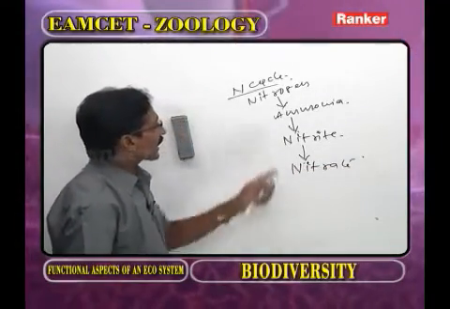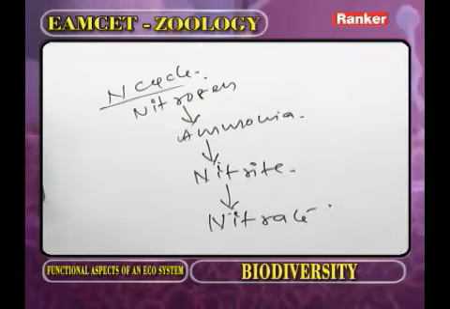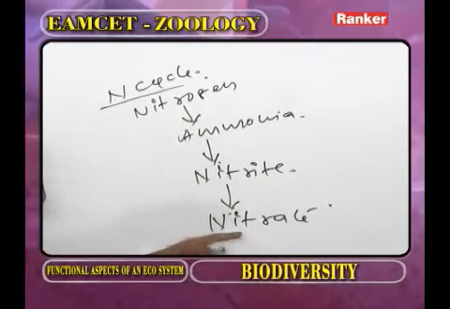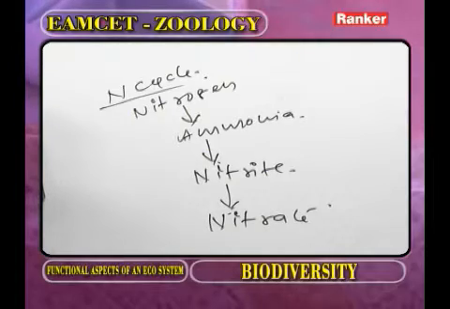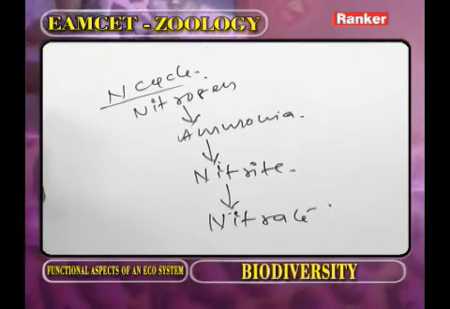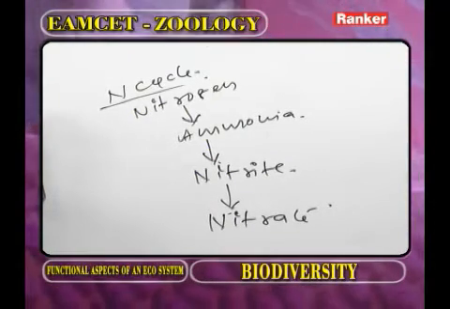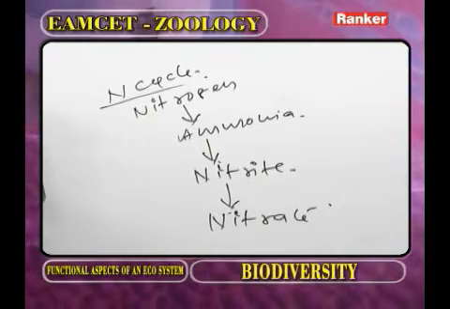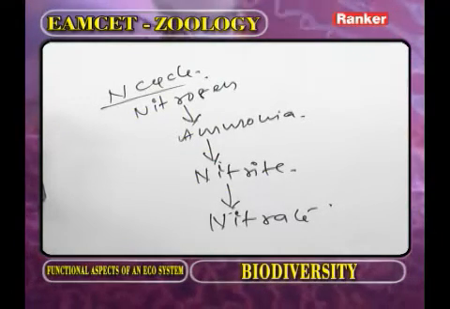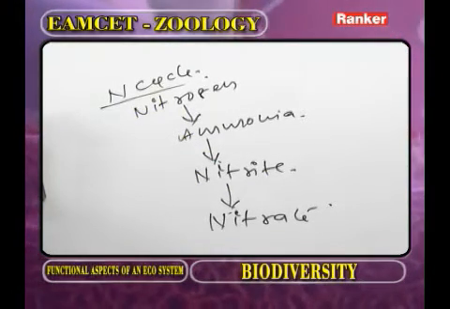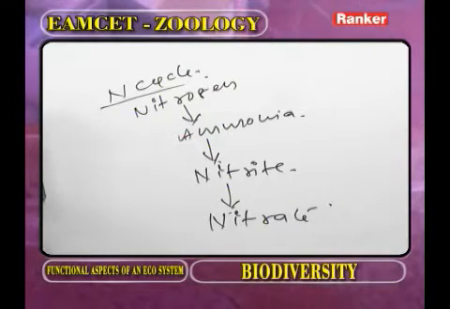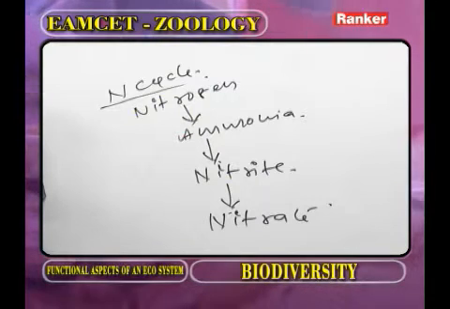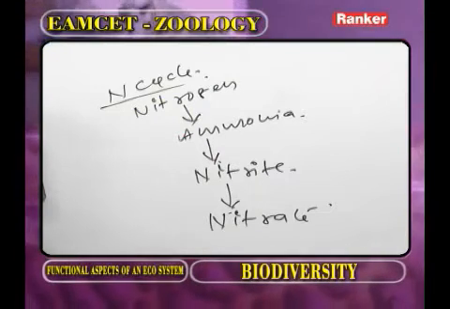The plants are unable to take nitrogen directly, so the nitrogen is converted into nitrate, which is then taken by the plants. Now, in the soil, what is the nitrogen-fixing bacteria? Azotobacter. In the Leguminaceae family, in the root nodules, the bacteria is Rhizobium. In water, the nitrogen-fixing organism is cyanobacteria or blue-green algae.